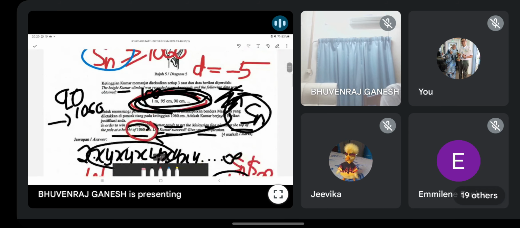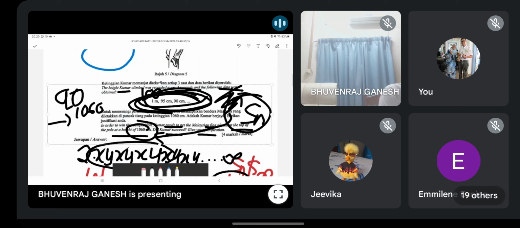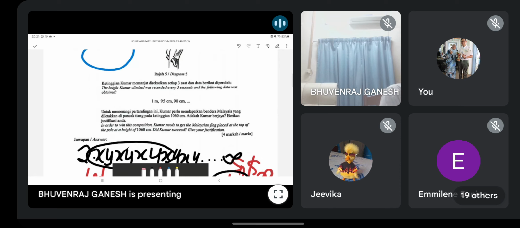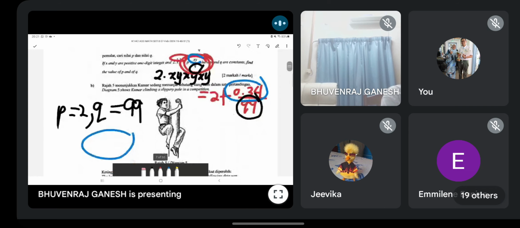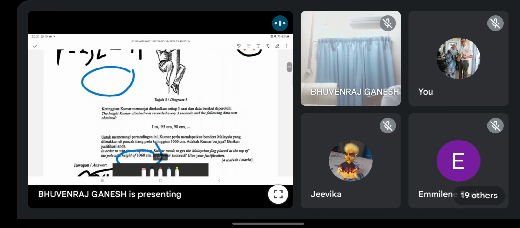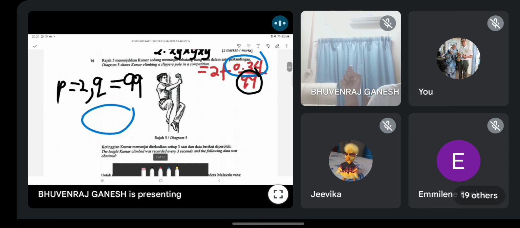Okay, you look back at the question. They say, can he reach the height or not? Adakah dia boleh capai ketinggian tu ke tak? This height. So you try to think and see, guys. If you refer to the diagram, okay, this one.